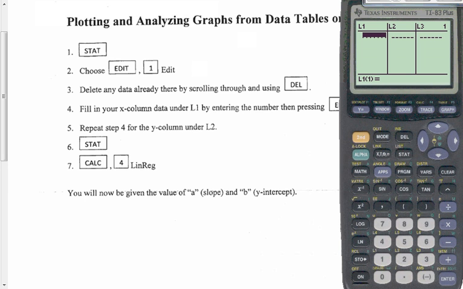I think when your calculator is cleared for your diploma exam, it will clear that as well. So I don't think you're going to have to delete a whole bunch of data in your diploma exam. But you know how to do it if you do. All right, let's enter the data. The first column was 1, 2, 3, 4, 5. The second column we had was 2, 4, 6, 8, 10.